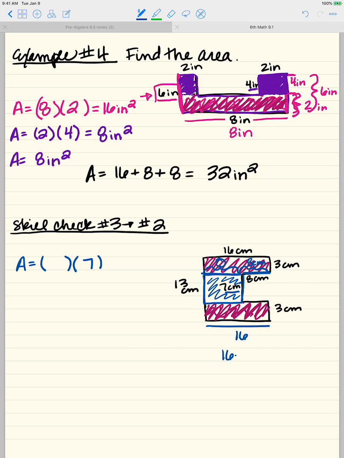It's 16 minus 8, so that one is also 8 centimeters. So we just found out the base is 8 centimeters. 8 times 7 is 56 centimeters squared, okay? That's our blue rectangle right in the middle.